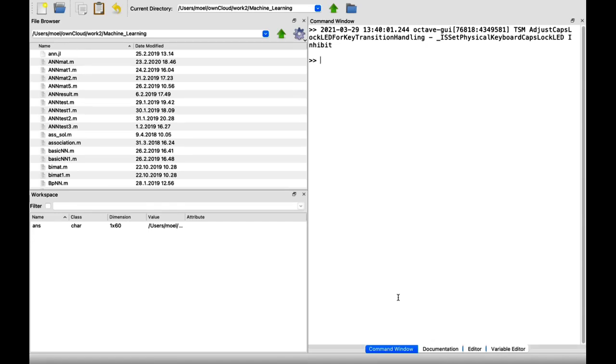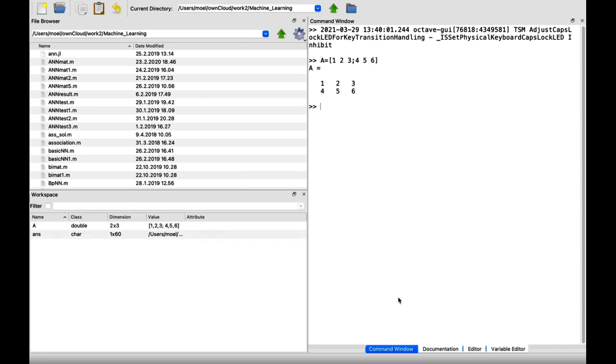If you want to write a matrix, for example A, we open it in brackets. We can write, for example, a matrix 1, 2, 3, and 4, 5, 6, so that's all. Now we have this matrix.